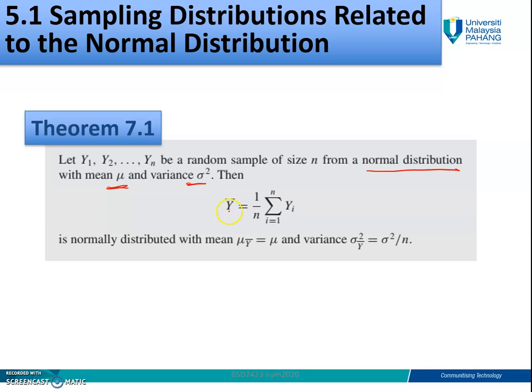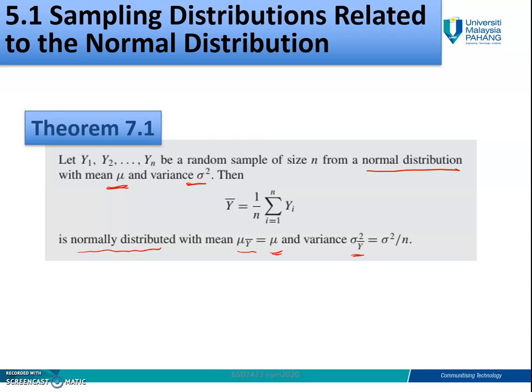Then your Y bar, the summation of Yi divided by n, is also normally distributed with mean mu of Y bar equal to mu and variance of Y bar equal to sigma square over n. So this is the theorem.